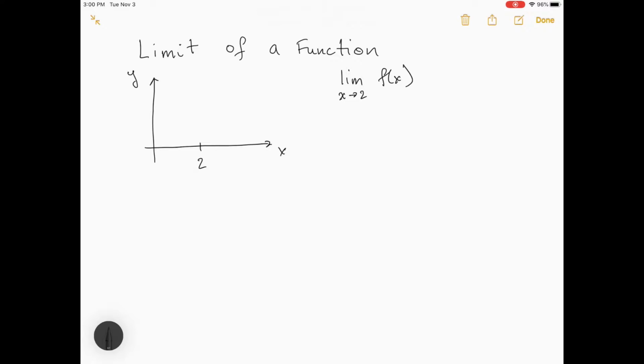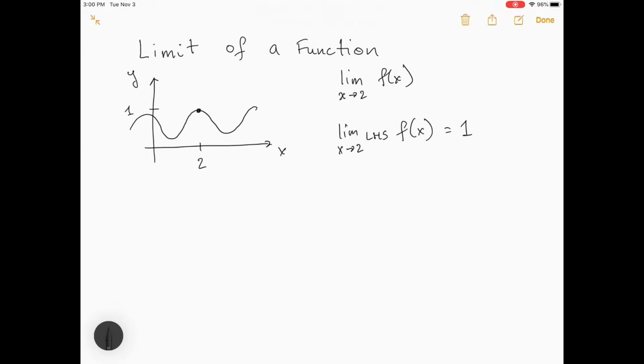In this case, I can look at what value the function approaches as it comes in from the left-hand side. And let's say that value is 1. So then I will have the limit as x goes to 2 from the left-hand side of f of x is equal to 1. And then I can look at the limit from the right-hand side, say the function approaches point 2 from the right-hand side.